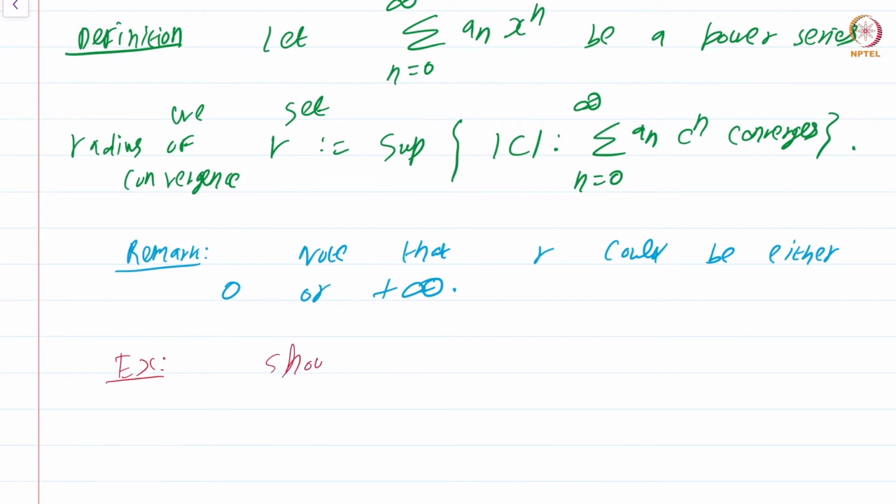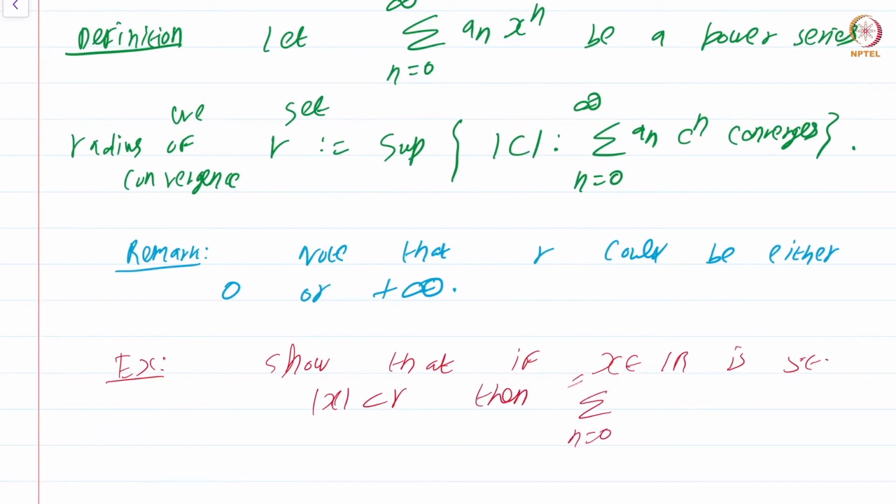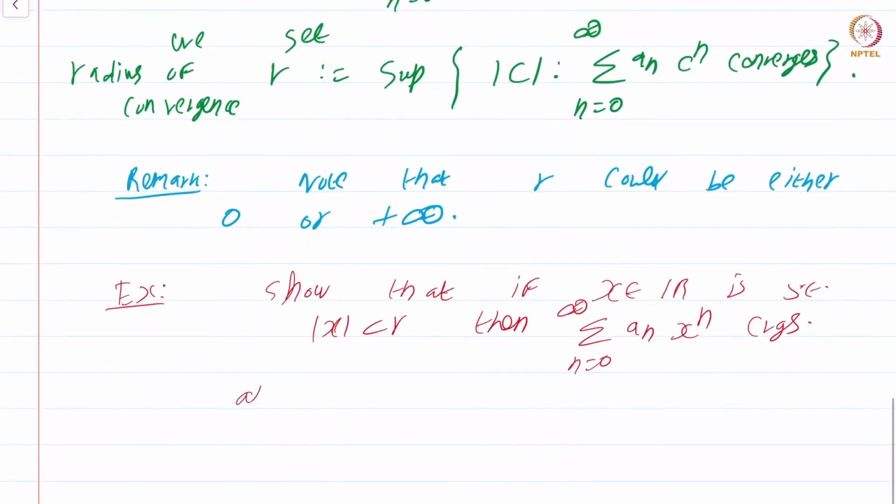Show that if x in R is such that mod x is strictly less than R, then summation n equal to 0 to infinity an x power n converges absolutely. This is a very simple exercise.